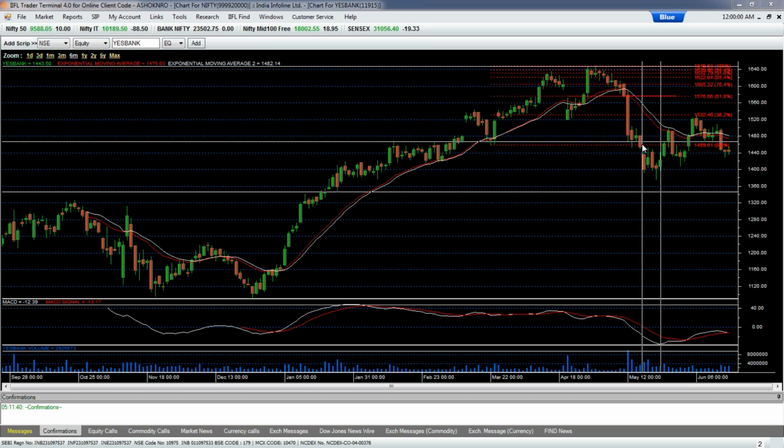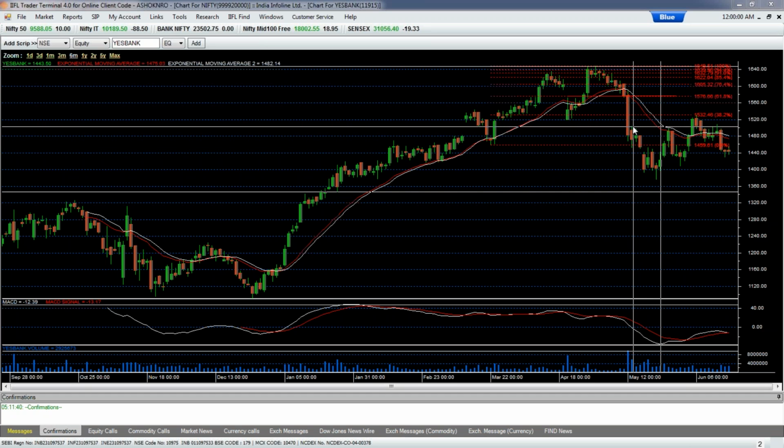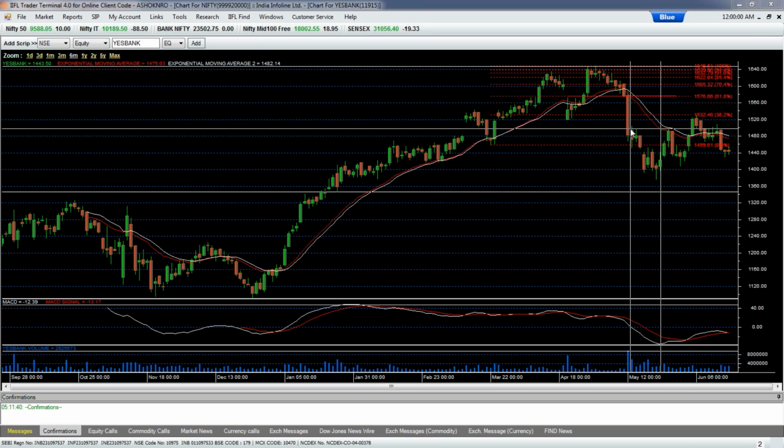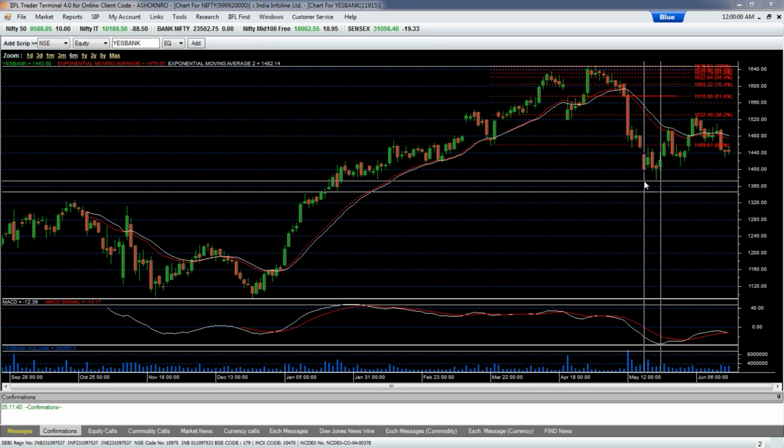When it breaches this 100%, what you will be selling is at this point, that is around the 1500 level. So it has fallen till almost 1370 levels. Okay, it has fallen till 1370 levels.